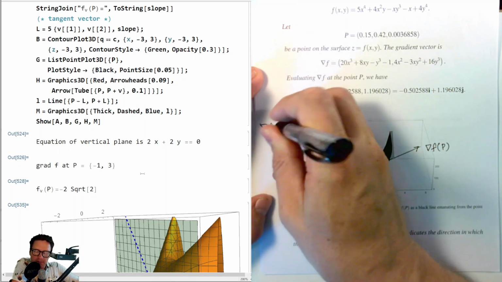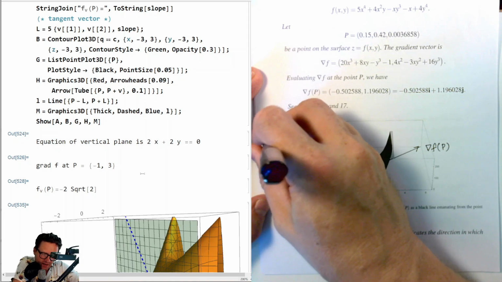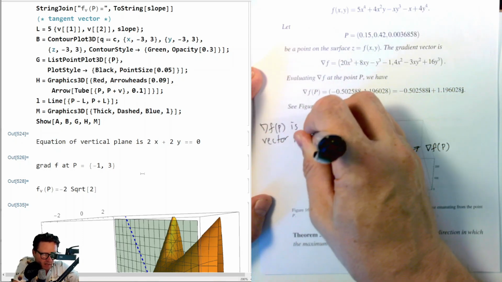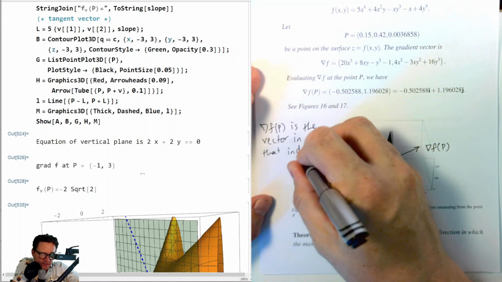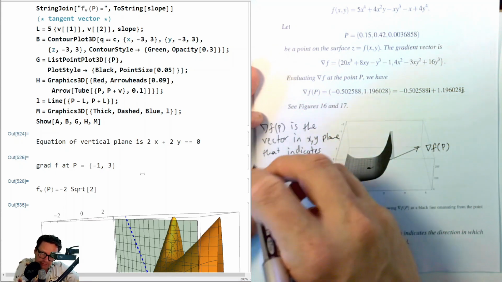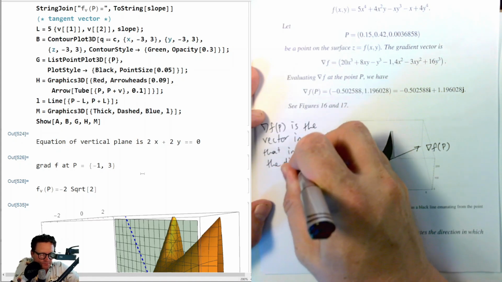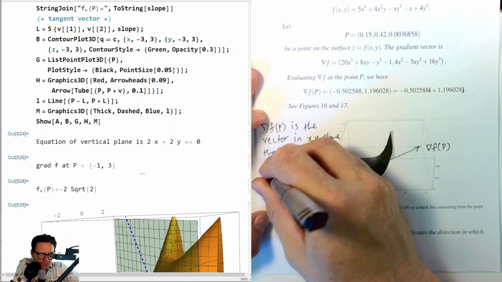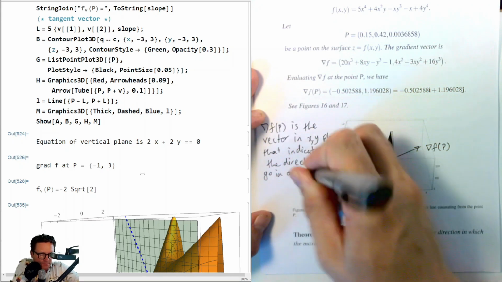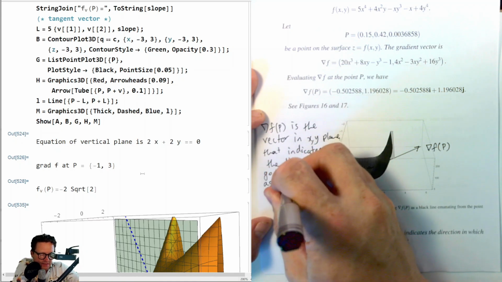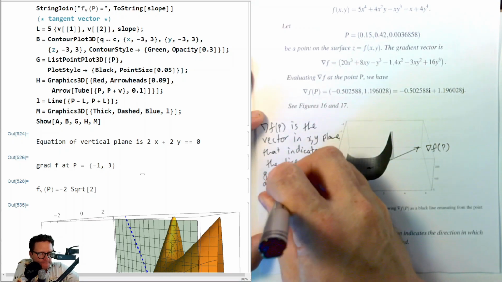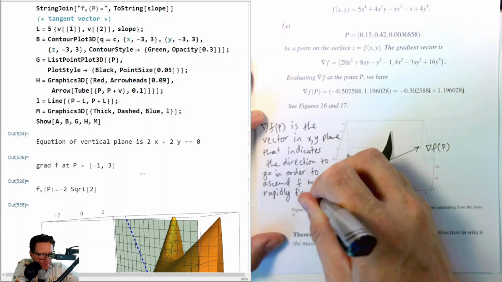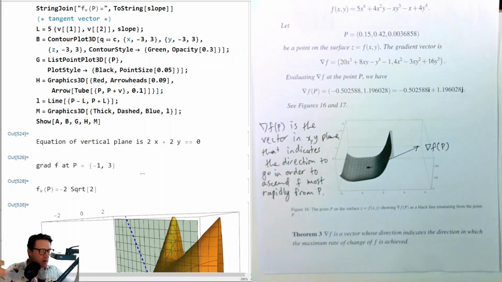Grad f at p is the vector in the xy plane that indicates the direction to go in order to ascend f most rapidly from P.